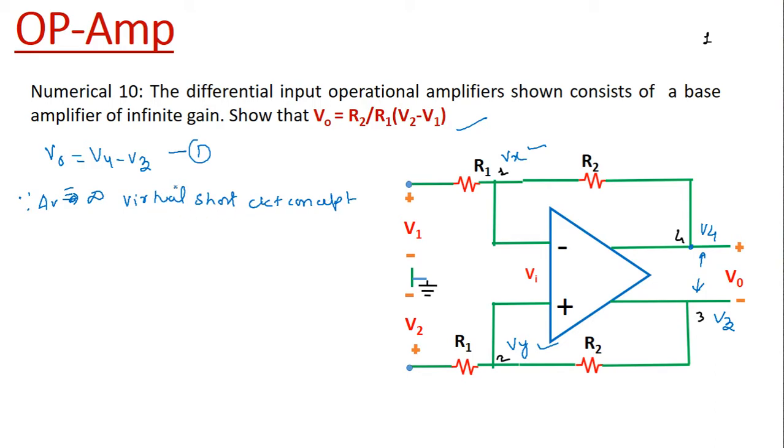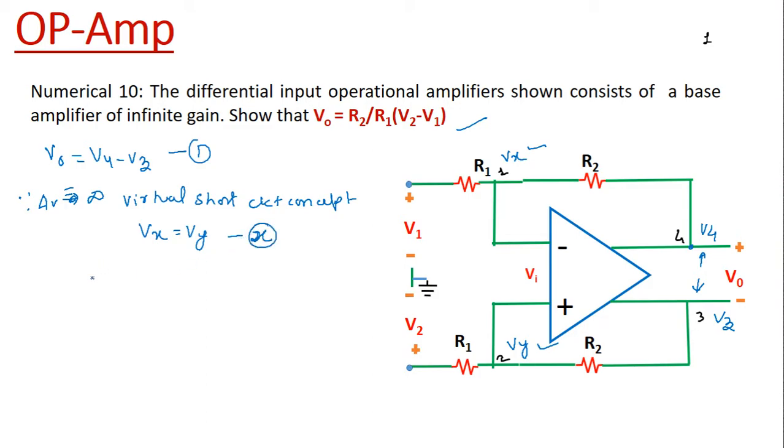I have already explained the virtual short circuit concept in the last classes. By the virtual short circuit concept, Vx will be equal to Vy, that is, the voltage at the non-inverting terminal of the operational amplifier will be equal to the voltage at the inverting terminal of the operational amplifier. So this is our equation number X.